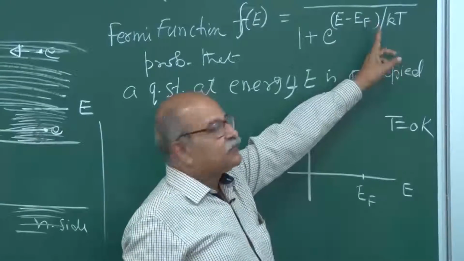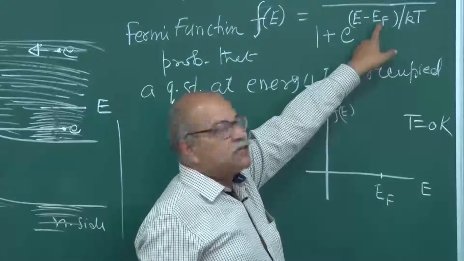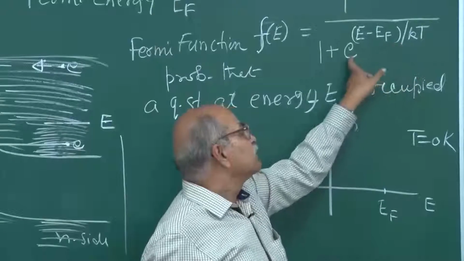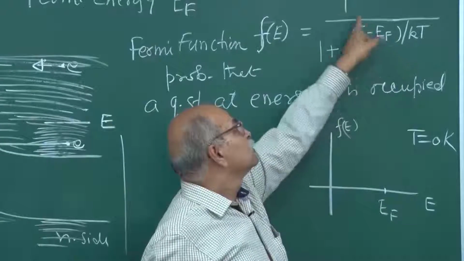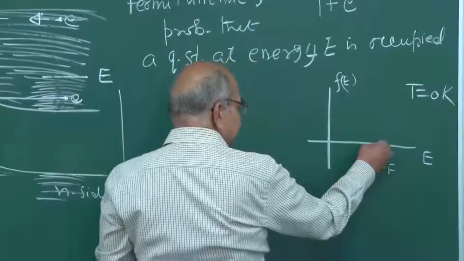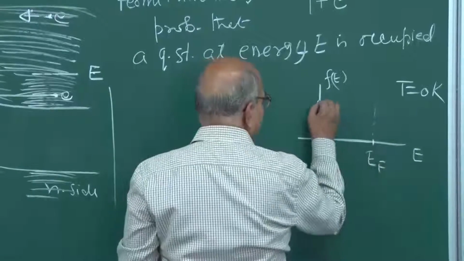If E is less than EF, it will be e to the power minus infinity, which is 0, so this function will be 1. So for all energies less than EF, this function will be 1.